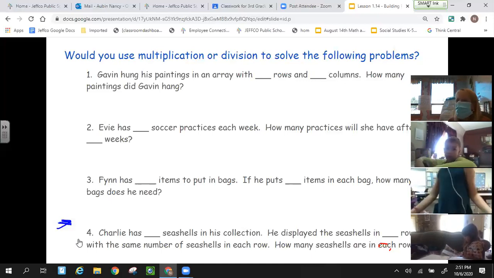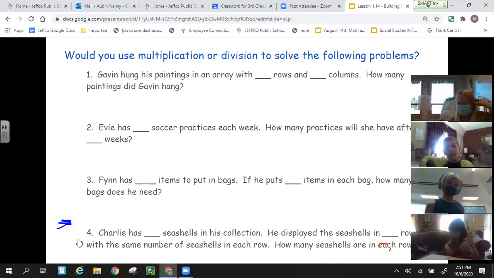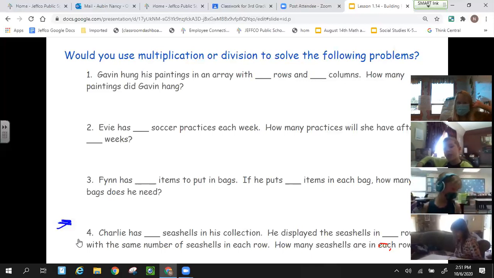All right, August, tell me what you said and why. Everybody sit down. What do you think it is? Okay, well, we don't want an answer. We want to know if it's multiplication or division. There are no numbers. Do you think it's multiplication or division? You're right. Why is it multiplication, August?